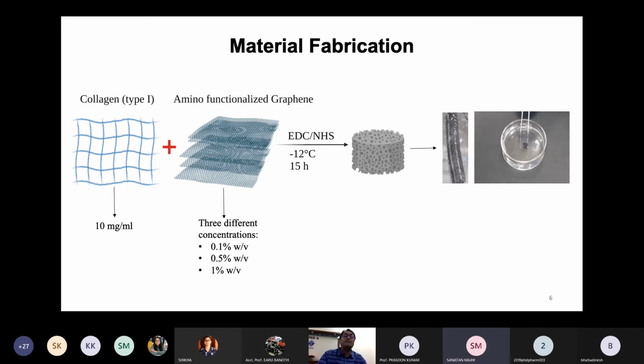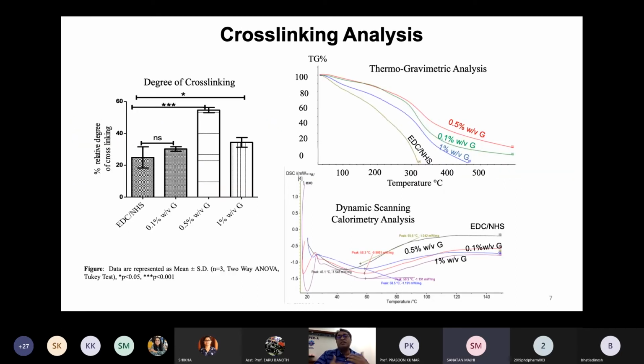With this material, we further wanted to see the cross-linking efficiency. We cross-linked with various concentrations of graphene, and you can see that the maximum cross-linking we could achieve is at 0.5% weight by volume graphene. Going beyond this is a saturation limit, and graphene does not get involved in the cross-linking mechanism.